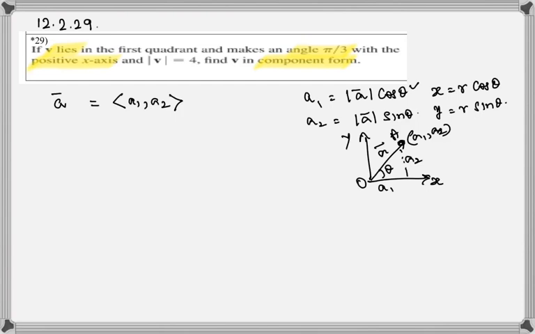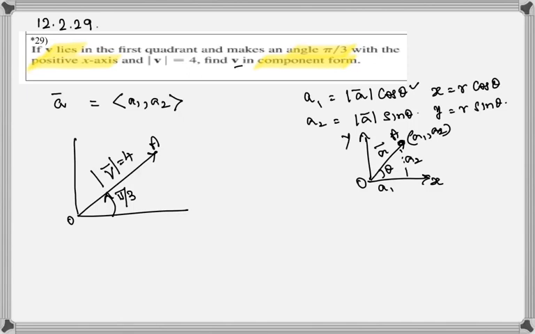So in this case, you are given a vector v in the first quadrant. This is quadrant number 1. It makes an angle of pi by 3 with the positive x-axis, and the length of vector v is given to be 4.